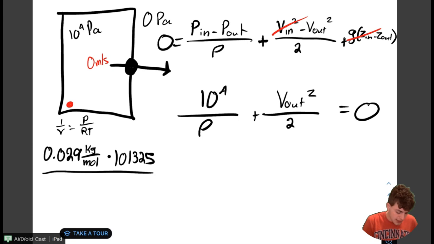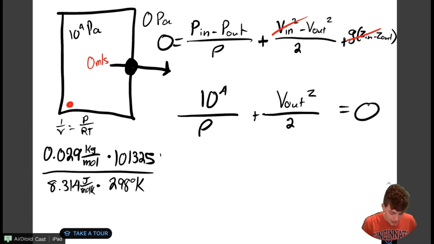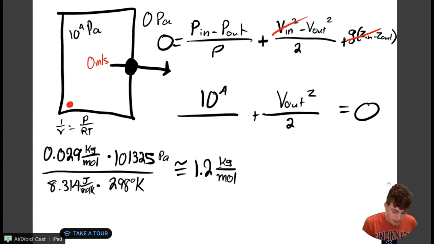And so we can divide that then by 8.314 and multiply that then again by a temperature. Usually atmospheric temperature is about 298 Kelvin, joules per mole Kelvin here, and this would be in pascals. So when we go ahead and run that there, we get about, I believe, 1.2 kilograms per meter cubed, which is about the density of air. And so we can plug that in right here.